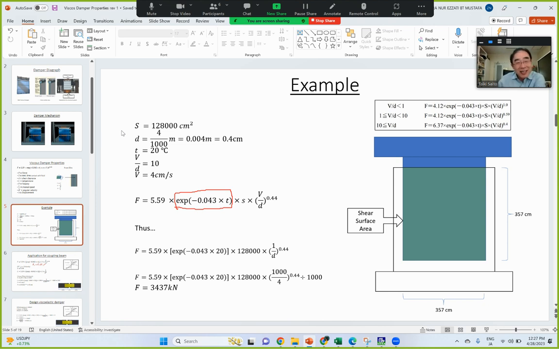So he wanted to heat the damper to keep the temperature at 20 degrees. So he put some, what do you call it, plastic bag around the damper and put hot air inside. Yeah. So it's not so easy to keep the same temperature.